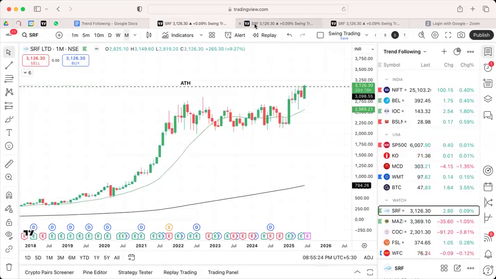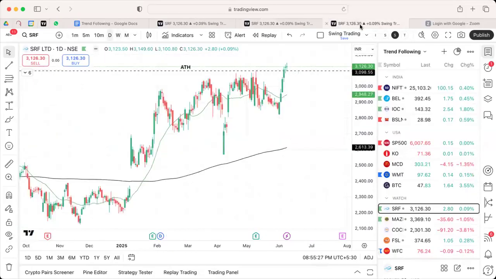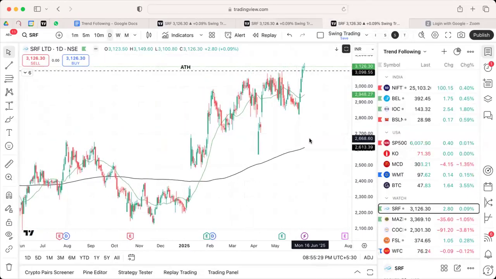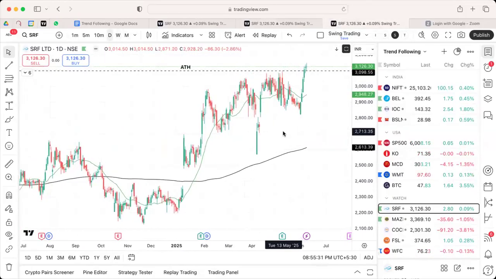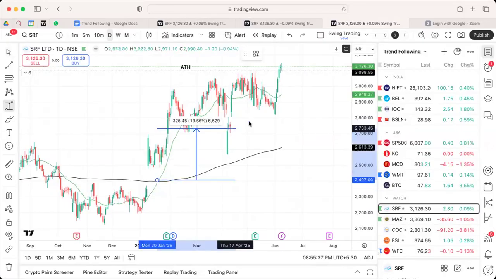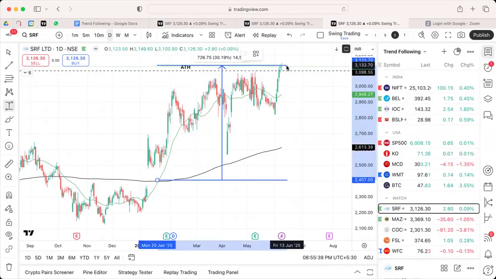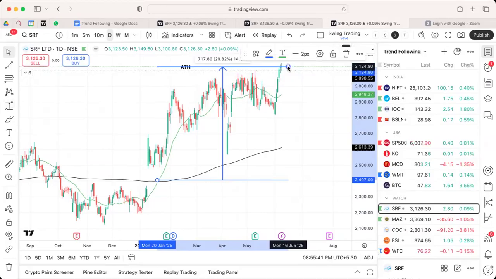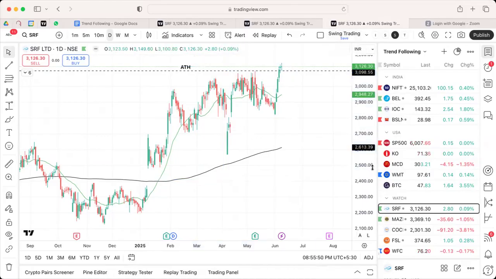The first one was the monthly, this is the weekly, and now finally the daily chart of SRF. From the time that the 20 went above the 200, what have we gained? If we were continuing in that trade up to right now, that's about 29%, from January 2025 to June 25, in about a 6 month time period. Okay, that would be SRF.